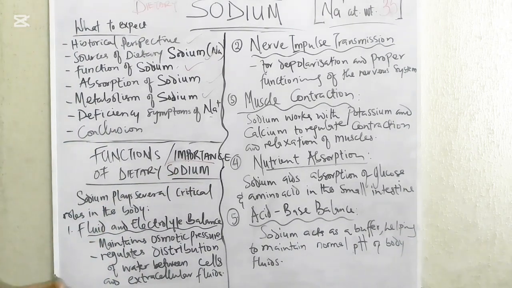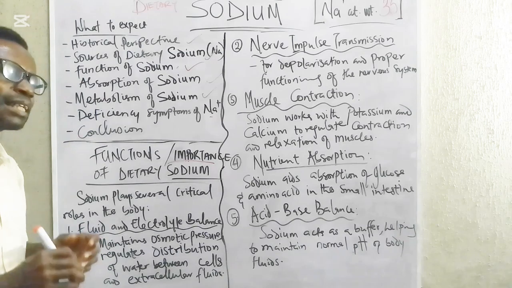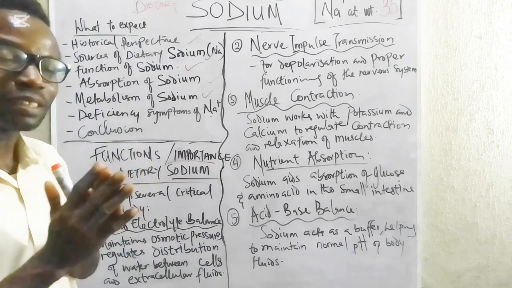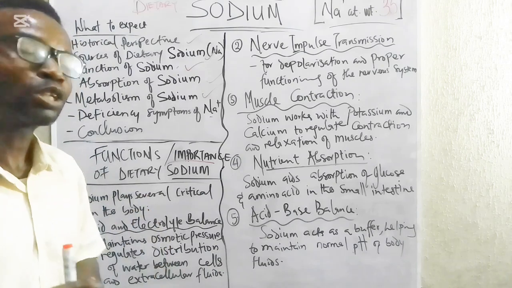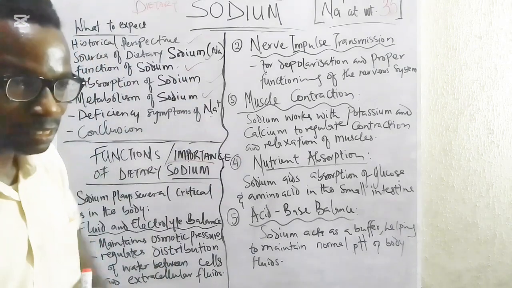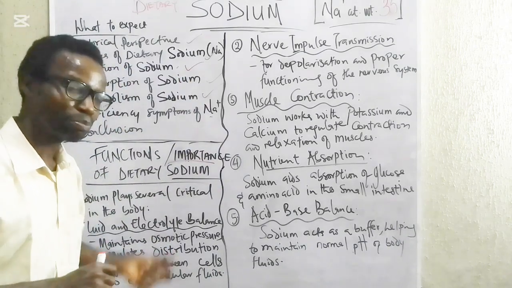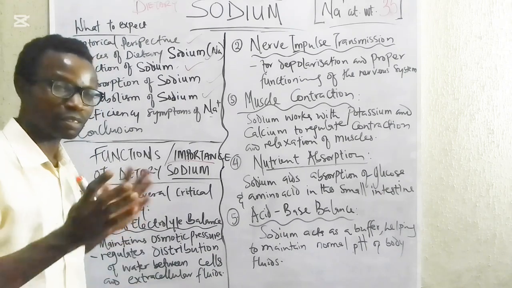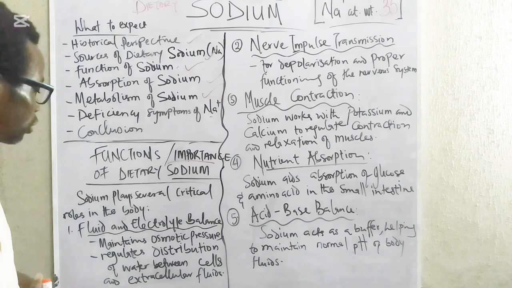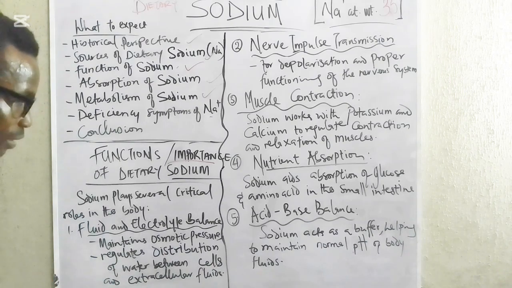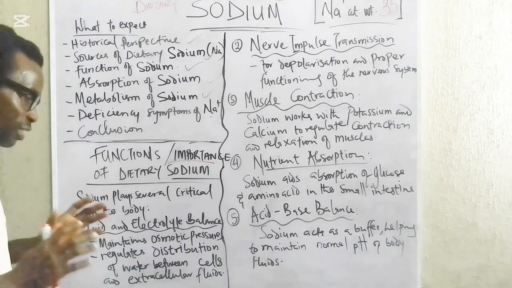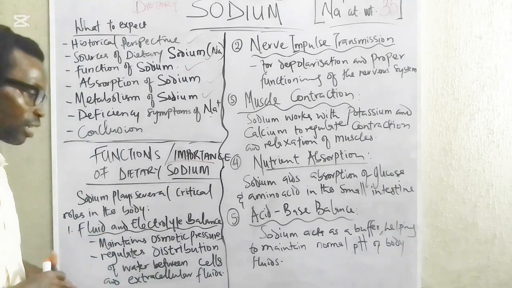Sodium plays several critical roles, and the roles that sodium plays are almost the same as those of potassium. They are both group 1 elements in the chemical periodic table, and they are alkali metals. They have about the same features. The first is fluid and electrolyte balance: maintenance of osmotic pressure and regulating the distribution of water between the cells and extracellular fluid.